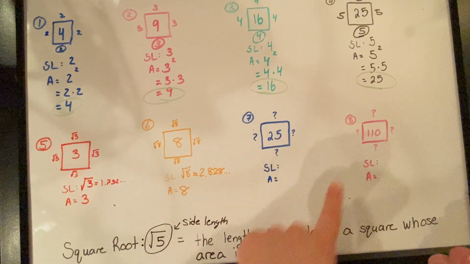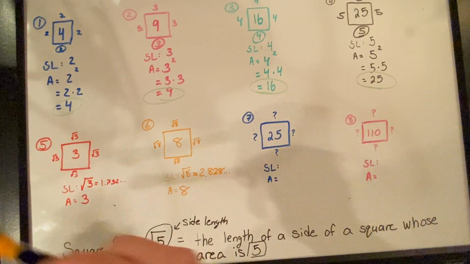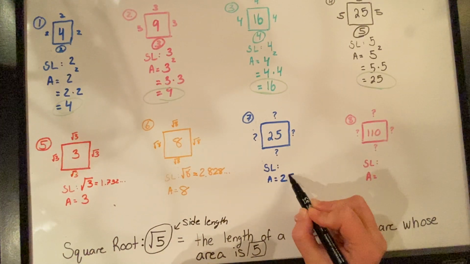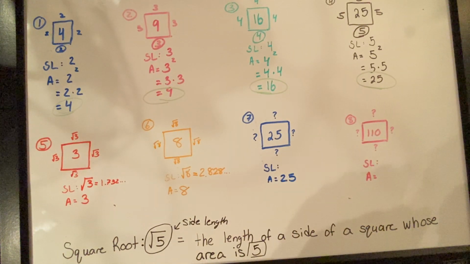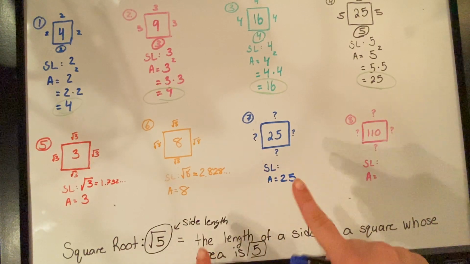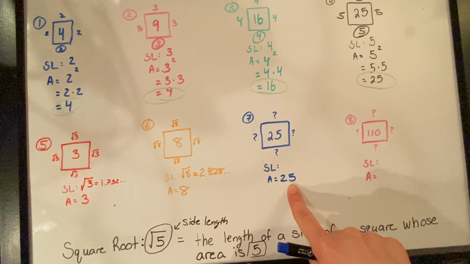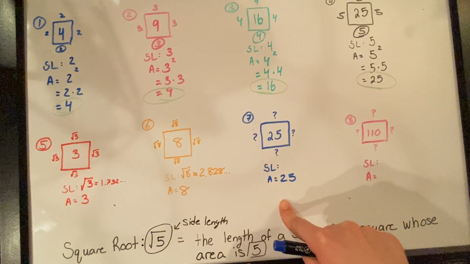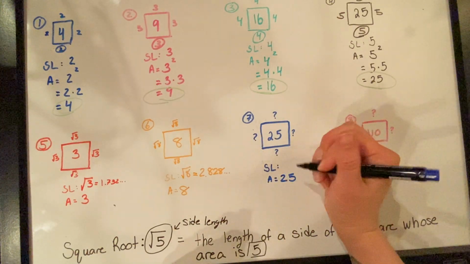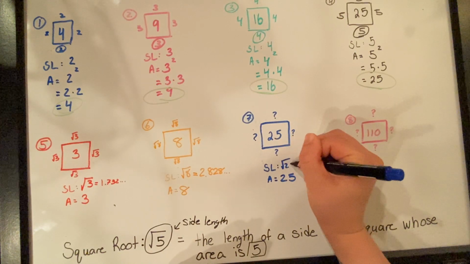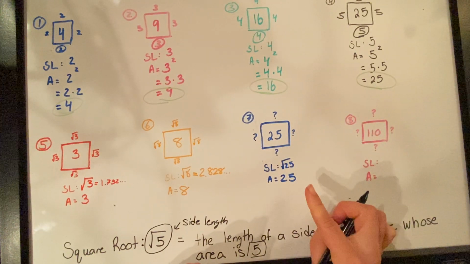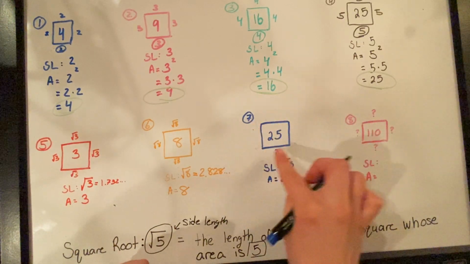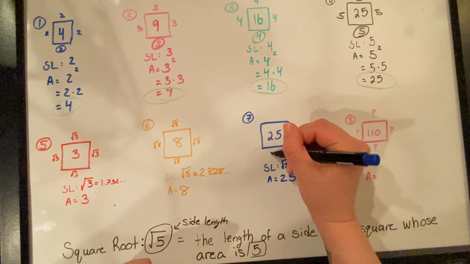let's find, well, this one. We have an area of 25, so I'm going to write 25. So it wants to know, what must the side length be? Well, remember, if you have an area of 25 for a square, then the side length must be the square root of that area, which is the square root of 25. So each one of these is going to be square root of 25.